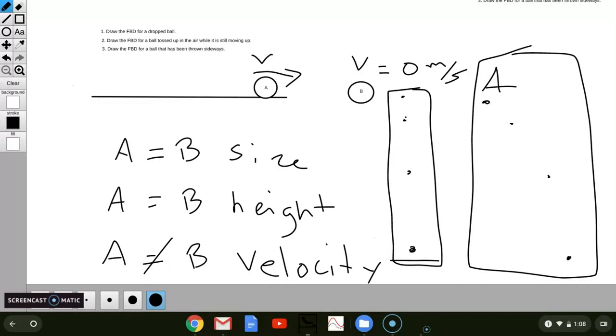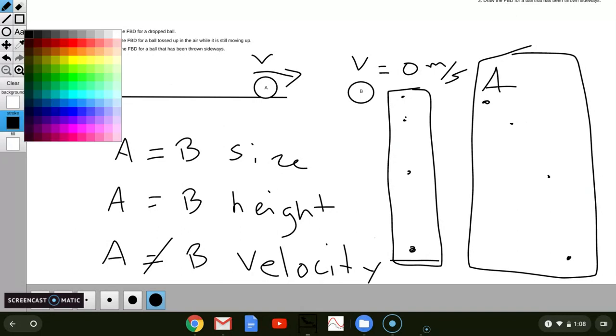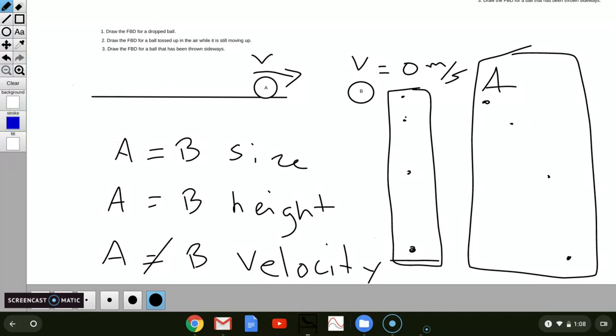Now, you notice two things happening here. One is that as they fall, and I'm going to change colors here so that we can see this, let's go blue, they fall at the same rate.